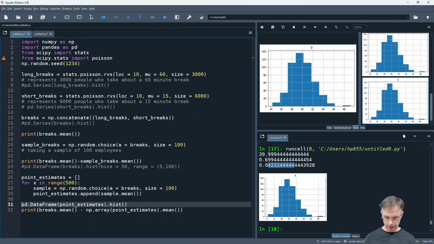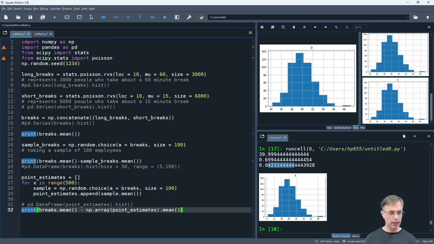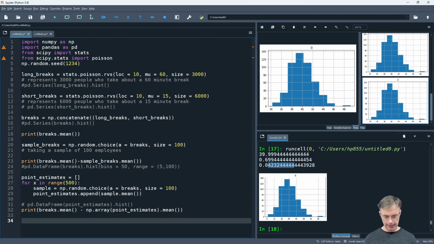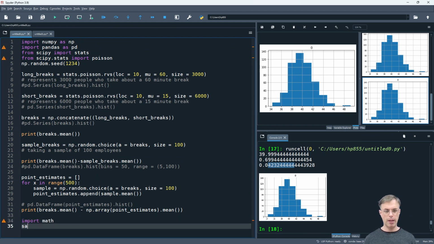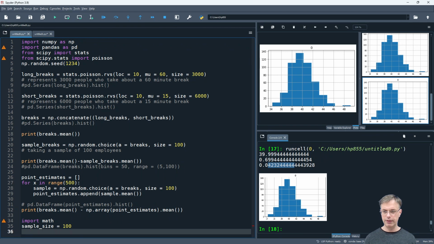The histogram I will close now. All of them we have. I'm not sure if we need any more at the moment. Anyway, import math we need. Then sample size we create, 200. We set 200, and sample.